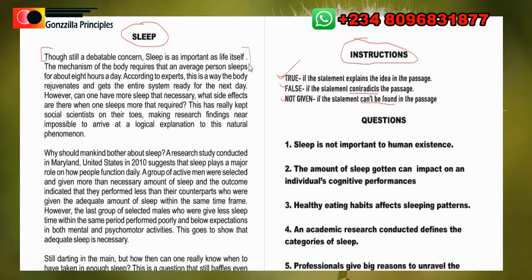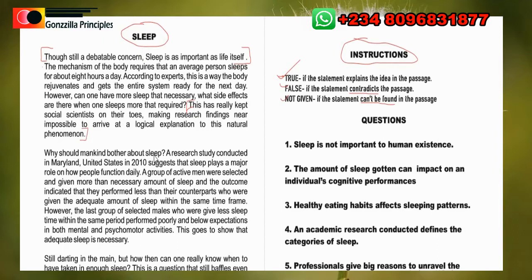So this is my first sentence here. Okay, and my last sentence starts off from this point here. This has really kept social scientists on their toes, making research findings near impossible to arrive at a logical explanation to these natural phenomena. So this ends here.